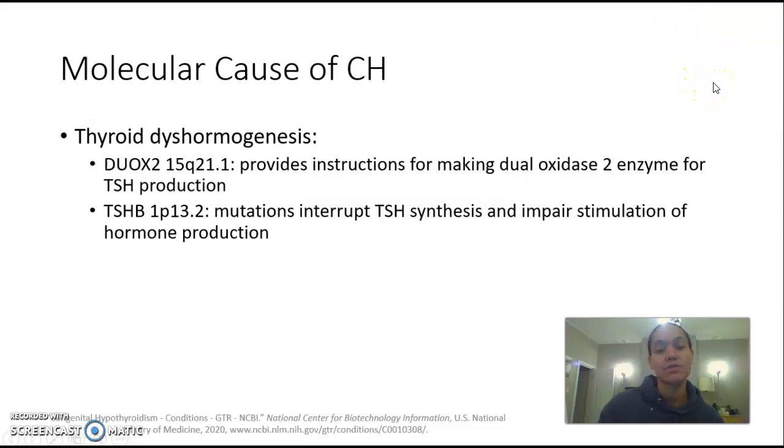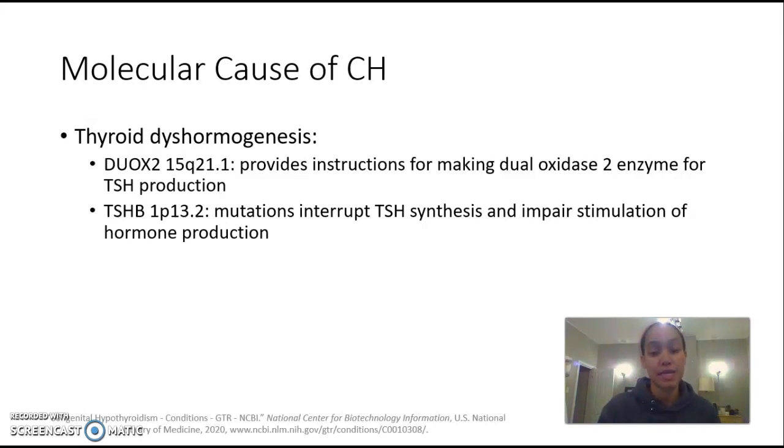In thyroid dyshormogenesis, when hormones are not properly released or regulated, the DUOX2 gene is responsible there, as well as the TSHB. So the DUOX2 gene is responsible for providing instructions to make dual oxidase 2 enzyme that is integral in TSH production.